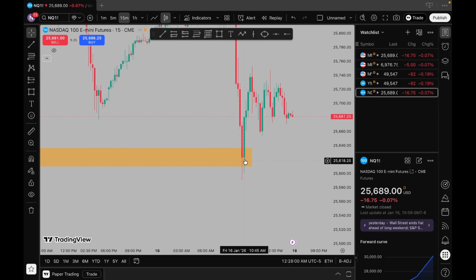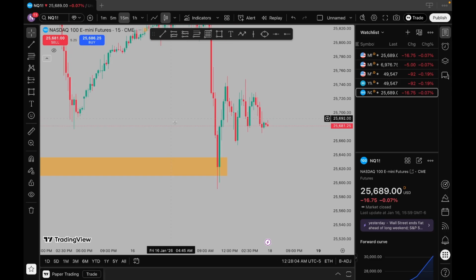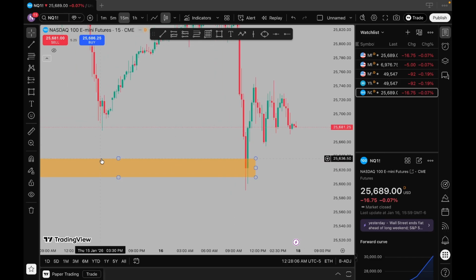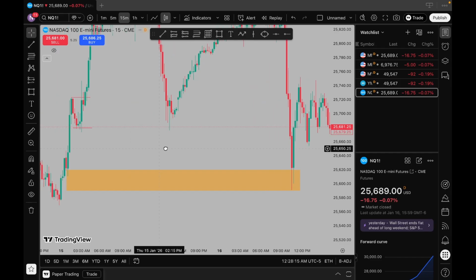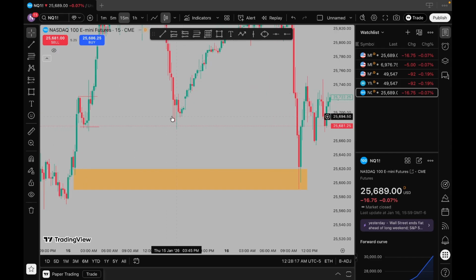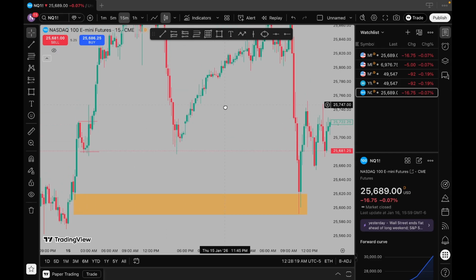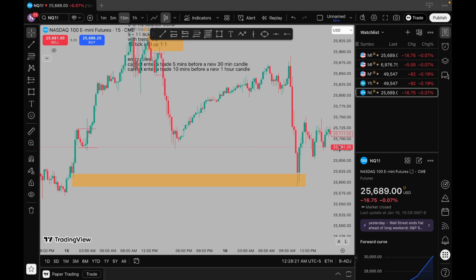But let's say this closed outside. I'm gonna make it look like it closed outside, so that way you guys can get an idea. So let's say it did this, broke structure, came down. It created even more liquidity actually, because it had a lot of candles going down in the opposite direction and then continuing to break structure.